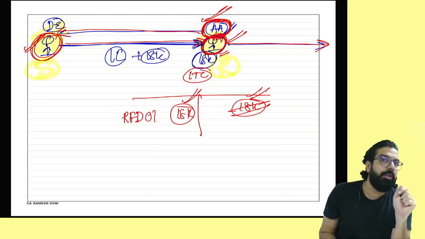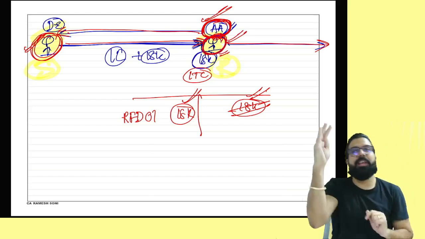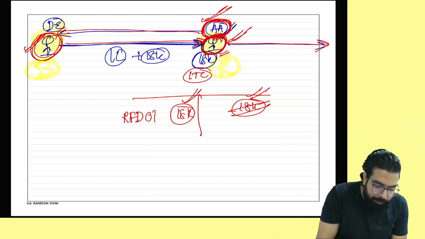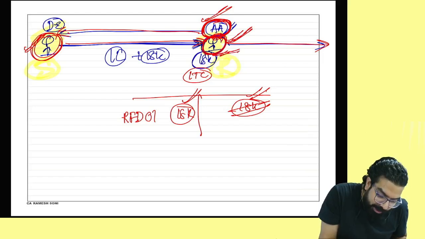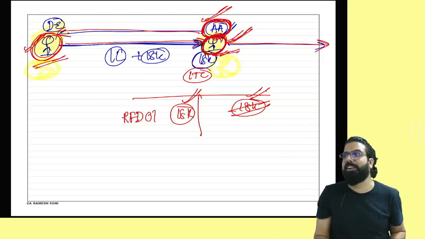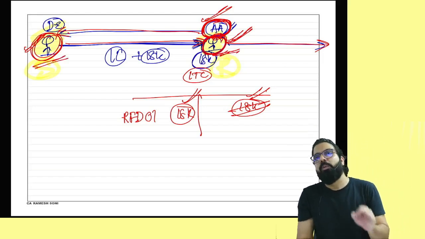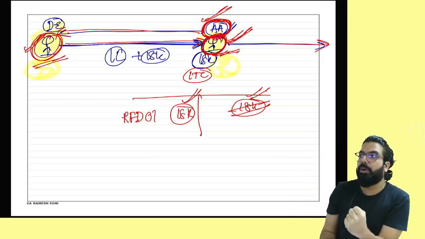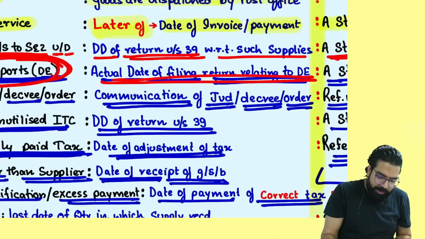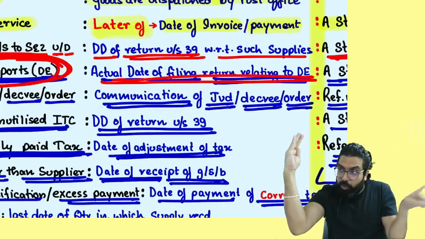For recipient to claim a refund, what is the relevant date? From his due date of return or the supplier's due date of return? The government clarified whether it is supplier who is claiming a refund or recipient is claiming a refund, the relevant date for 2 years to be seen will be the date.